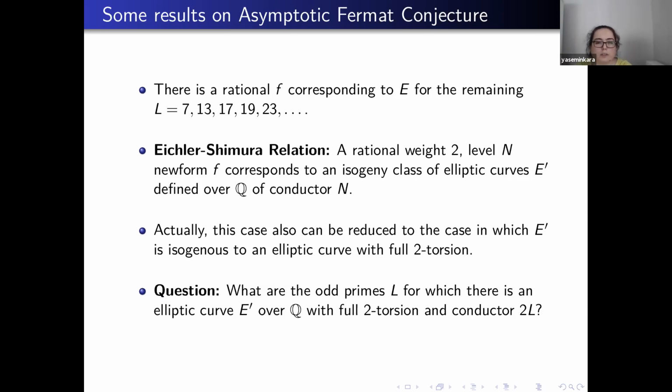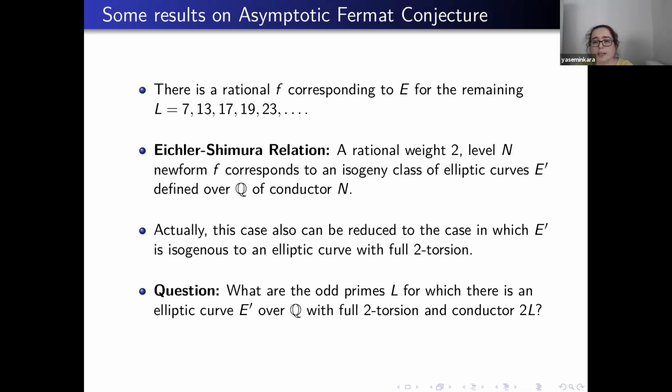Okay, then there is the Eichler-Shimura relation, which is a theorem true in this case. It says that a rational weight 2 level N form F corresponds to an isogeny class of elliptic curves E prime defined over Q of conductor N. So now instead of working with your original E, you can work with E prime.